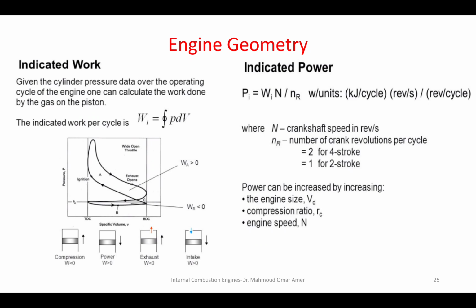Because if the engine is 4 strokes, and it rotates at 3000 RPM, how many complete cycles does the engine do per second?